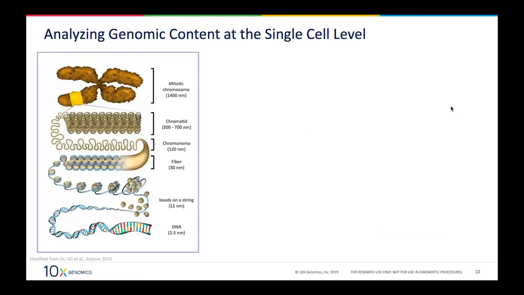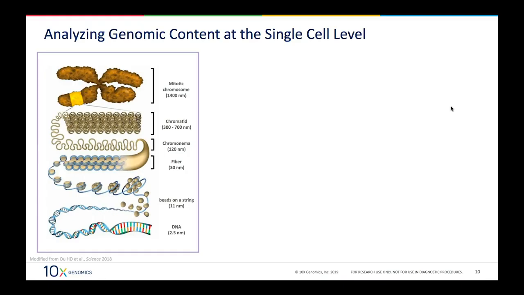So first of all, before we dive into how the system works, I'd like to talk about the challenge of analyzing the genomic content of a cell at the single cell level. We know that DNA is highly packaged, so it doesn't exist as a free double-stranded form in the cells, but rather it is heavily packaged around histones and into chromatin, so that it can actually all fit in a cell.